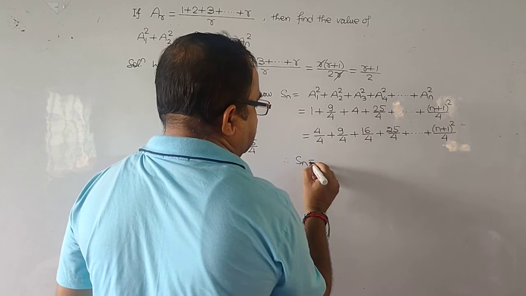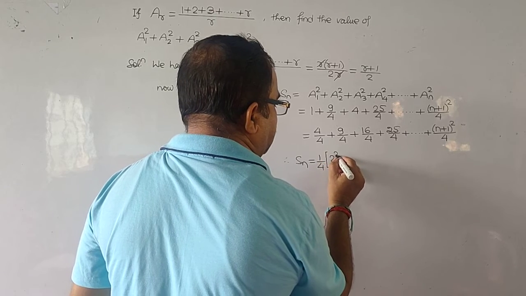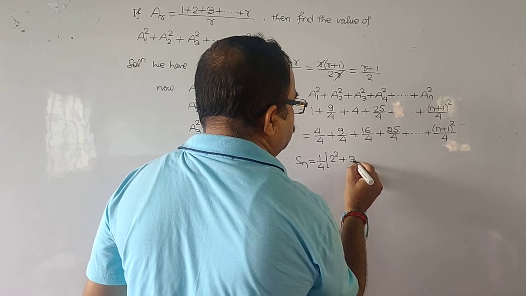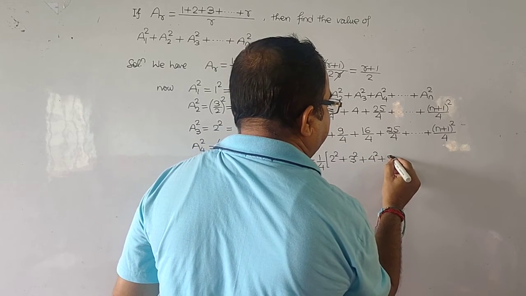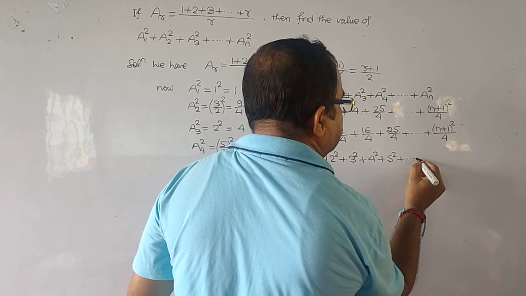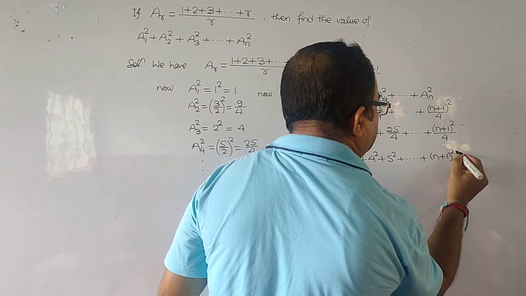1 by 4 taken as common. This is 2 square plus 3 square plus 4 square plus 5 square plus and so on plus (n plus 1) to the whole square.